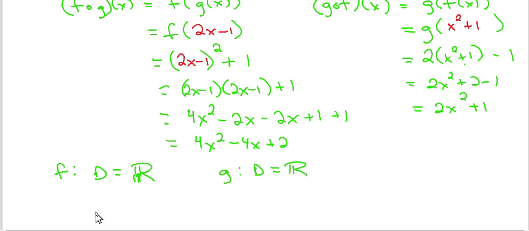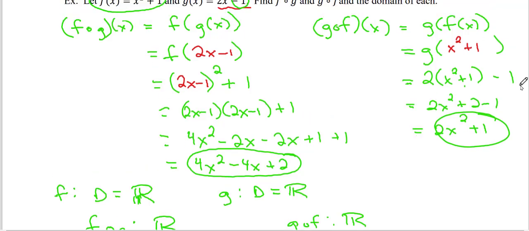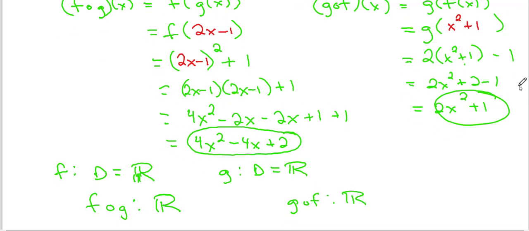And so the domain of f composed with g, well, there's no issues with either of these. So it's going to be all real numbers. Notice our output here. There's no restrictions on what x can be. Same thing here, that one. This was a kind of basic example because the domain was all real numbers.